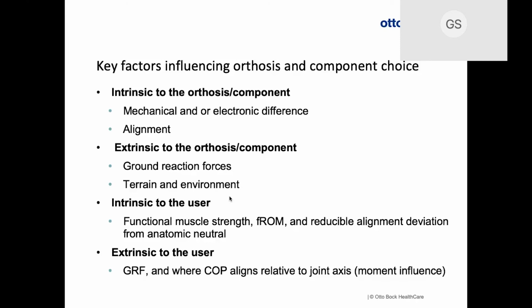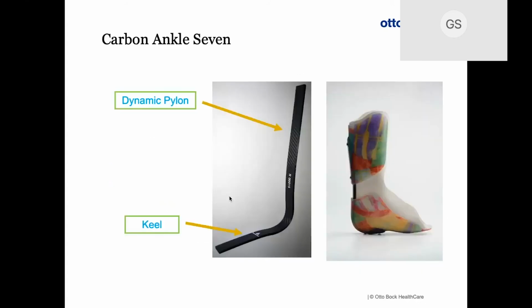And we could even look at how the patient negotiates this cognitively. And then there are intrinsic things to the user, which may be how that user negotiates that with muscle strength, maybe with their compensatory alignment. And then extrinsic to the user, we look at the ground reaction forces, and how the center of pressure at the foot aligns with the joint axes, and how we as practitioners try to manipulate that.